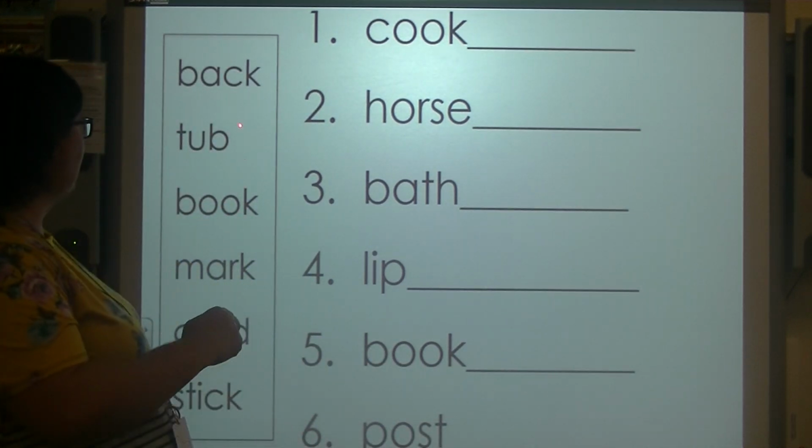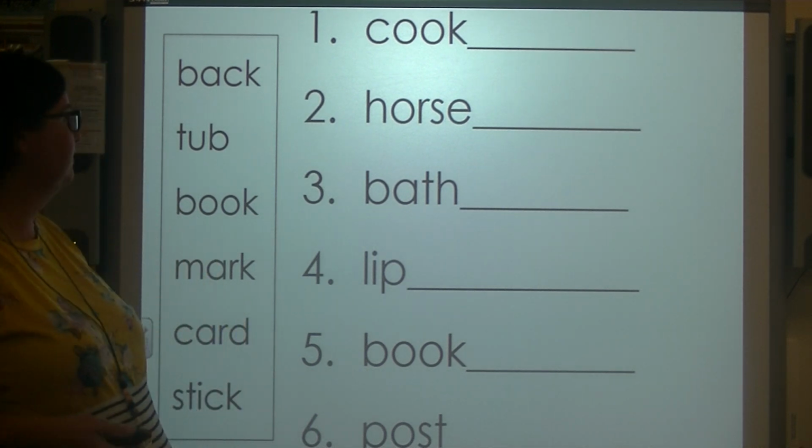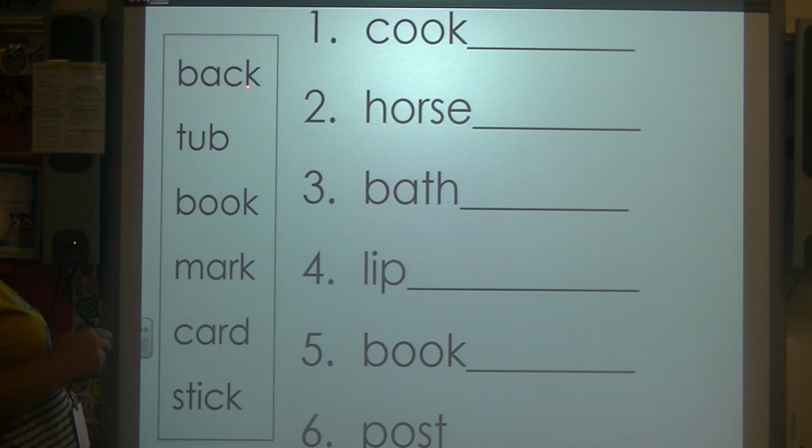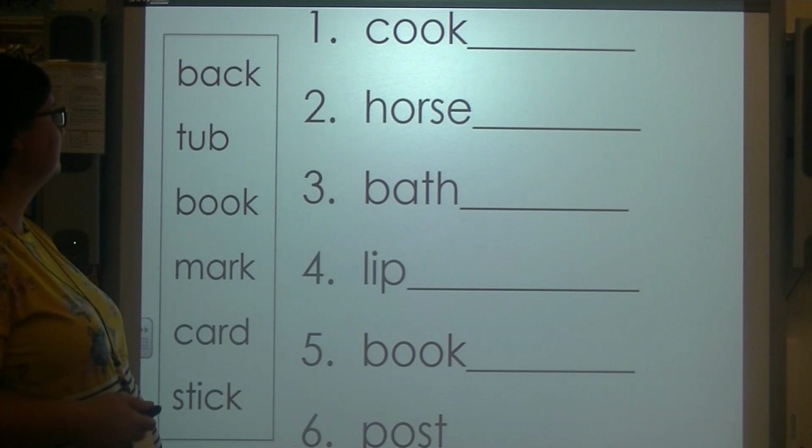What could you add to cook to make a compound word? Cookback, cooktub, cookbook, cookmark, cookcard, or cookstick. What makes sense?